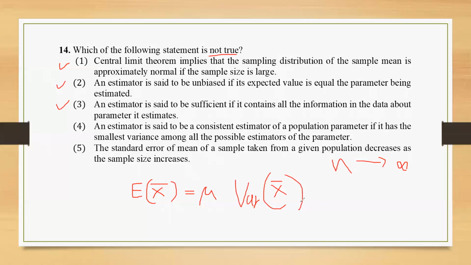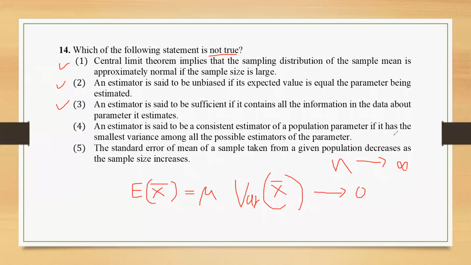What happened to the variance of x bar? Variance of x bar is close to 0. If we notice this property, when the sample size increases, the variance of the estimator decreases.